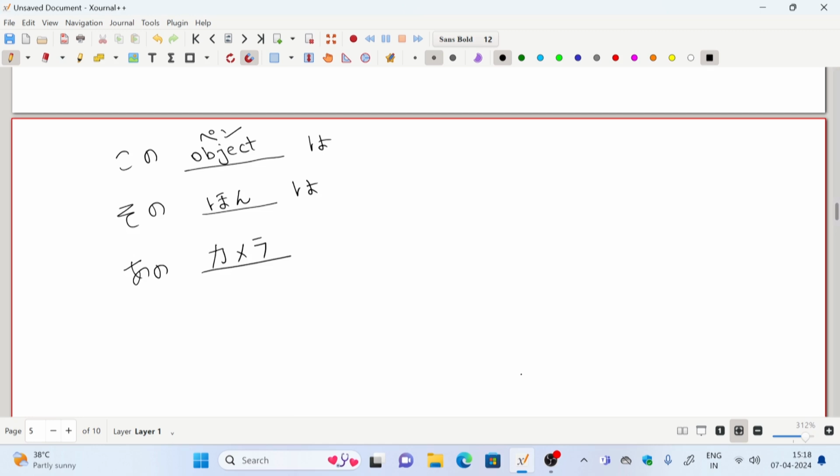So this pen is mine: kono pen wa watashi no desu. Watashi is I, no desu, mine. Or sono hon wa, if it is an old book, we will say furui. If it is a friend's book, sono hon wa tomodachi no desu. And if that camera is my uncle's, oji-san no desu.